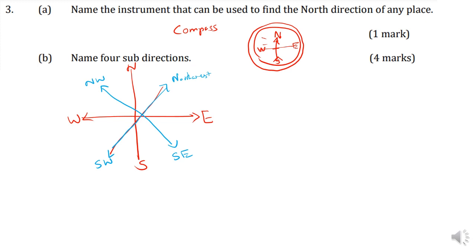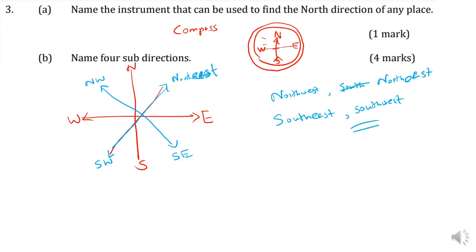So the sub-directions are northeast, northwest, southeast and southwest. These are the sub-directions.